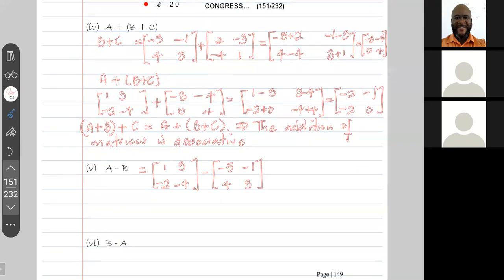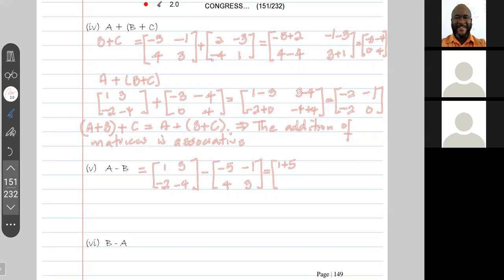Now when someone says A minus B, remember, matrices of the same order may be added or subtracted by adding or subtracting corresponding elements. The word corresponding there means in the same position. So you're going to add the elements which are in the same position. You're going to subtract the elements which are in the same position. So this is the 1 minus minus 5, which is the same as saying 1 plus 5. Because minus minus is equal to a plus. You could say a negative times a negative is a positive.